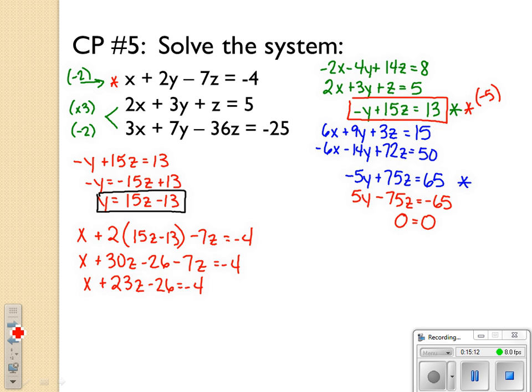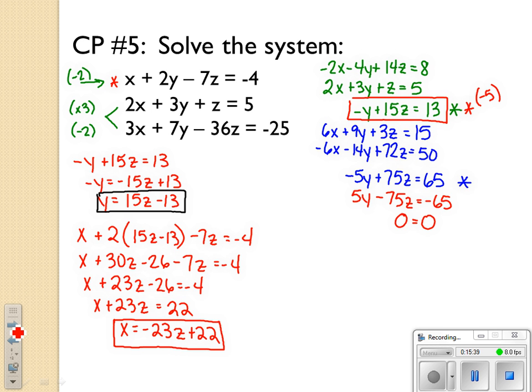Then I can move my 26 to the other side. Adding 26 to both sides gives me a 22. And now I can move the 23z by subtracting 23z from both sides. So do you see how I just came up with an x equals expression?